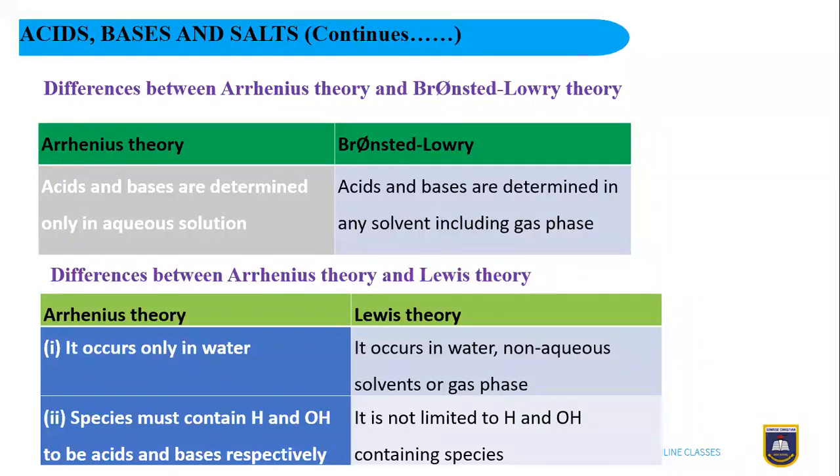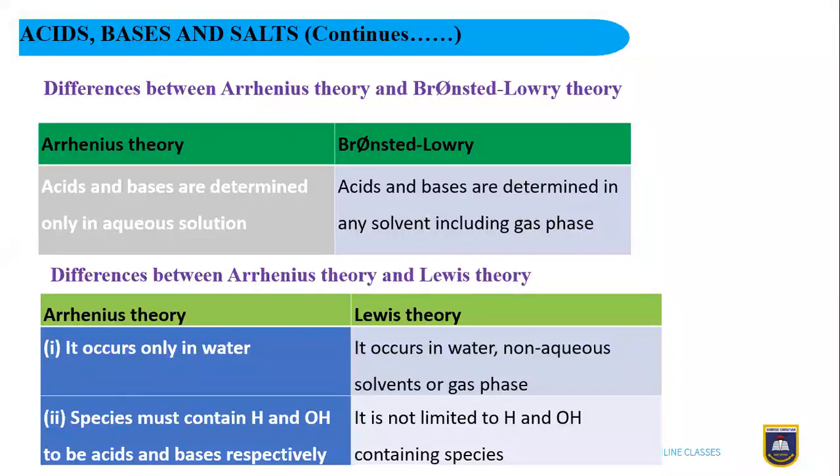Brønsted-Lowry, on the other hand, but what I'm giving you are differences. Whilst Arrhenius requires an aqueous medium to determine what an acid and a base is, Brønsted-Lowry doesn't require any medium. Acids and bases are determined in any solvent, including gas phase. What I mean by that is it's not restricted to water. You can determine what the Brønsted-Lowry acid is everywhere, whether there's water or not.